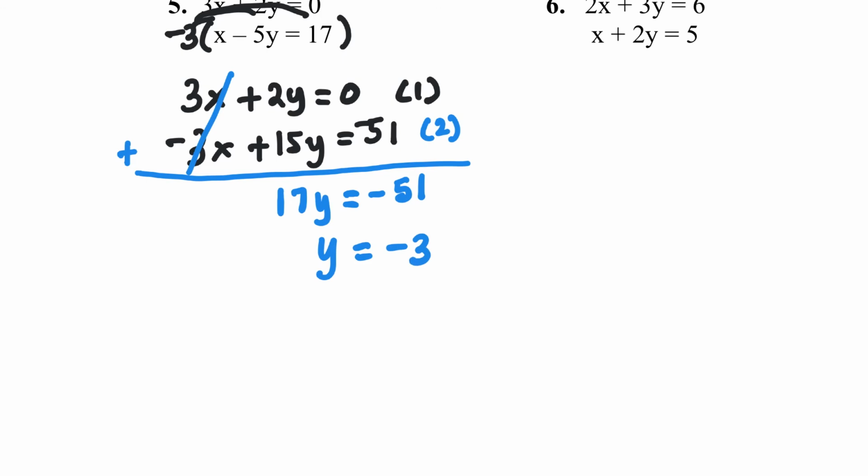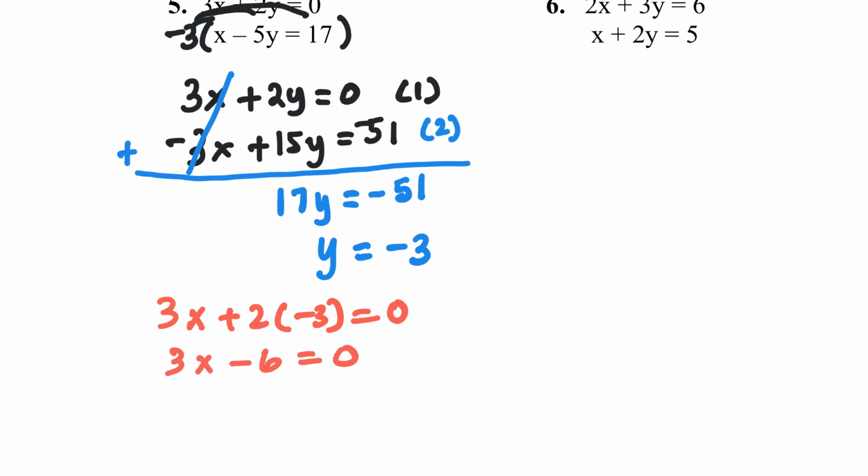Now I'm going to substitute into one of the equations. I think I'll substitute into the first equation. So I have 3 times x plus 2 times negative 3 equals 0. 3 times x minus 6 equals 0. You add 6 to both sides.